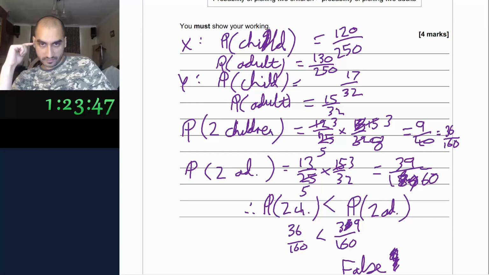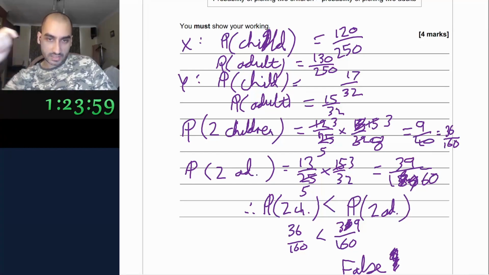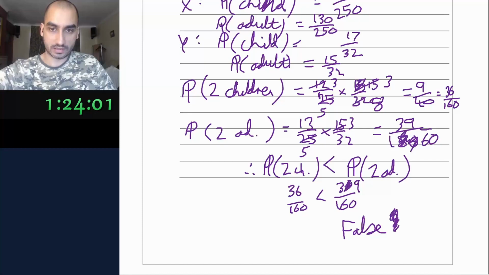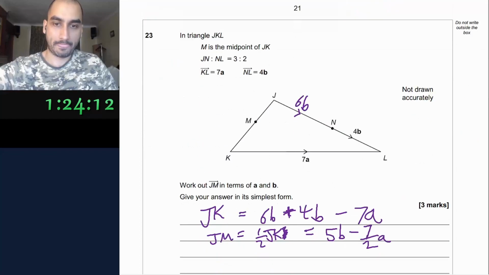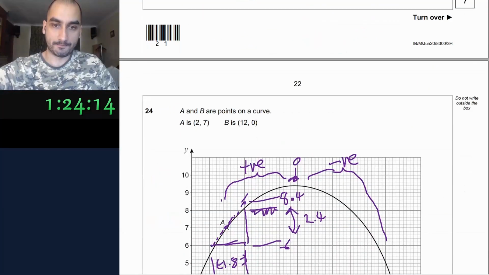So I had 5. 12 times 3 is 36, and the bottom is 5 times 32, 160. Okay, 2 children is 36 out of 160. 2 adults, 13 times. Yeah. Okay. That's right. I'm happy with that.